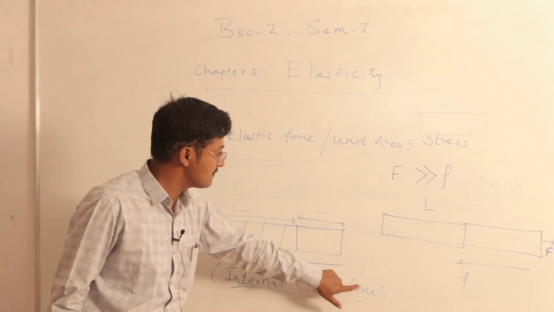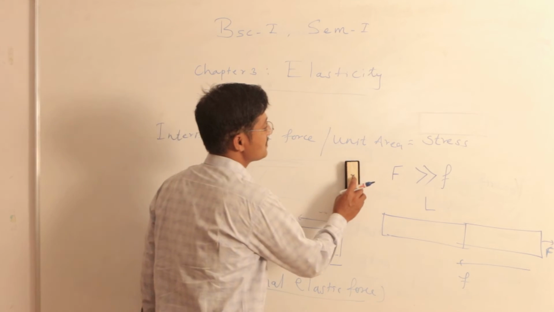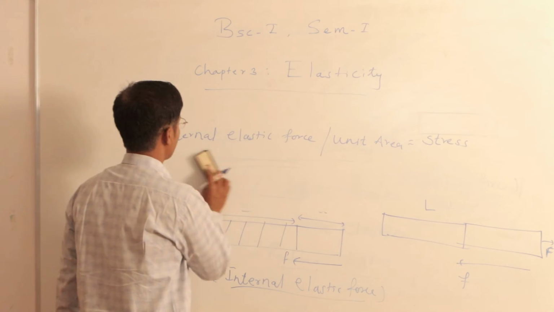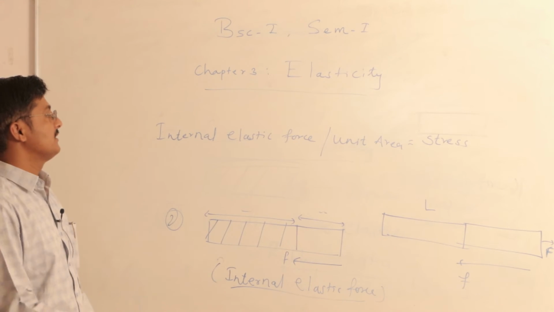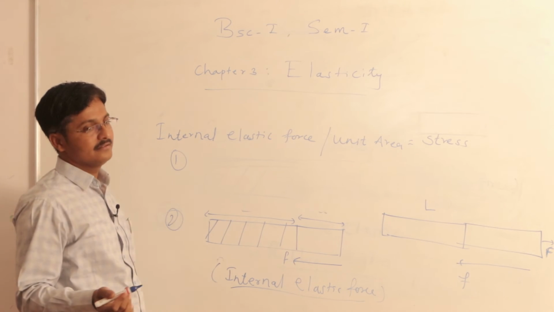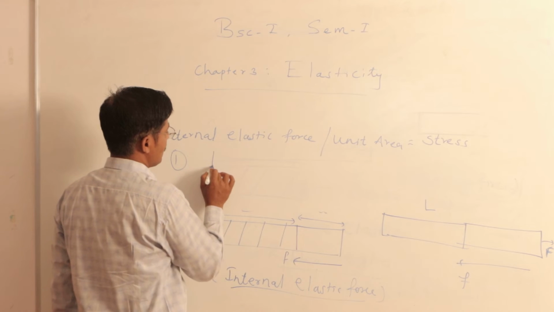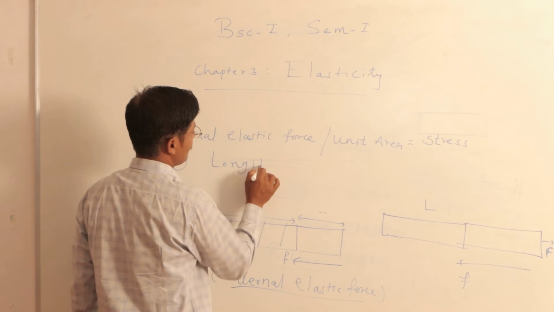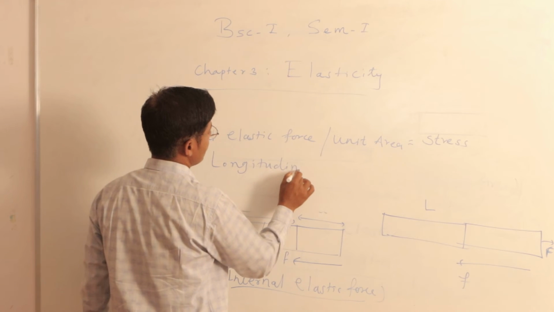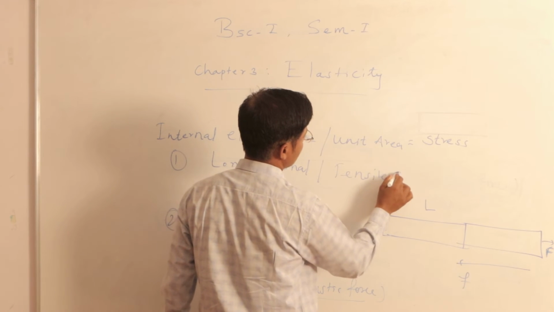So this internal elastic force per unit area is called as stress. Now, stress is classified under three types. First is the longitudinal stress, or it is also called as the tensile stress.